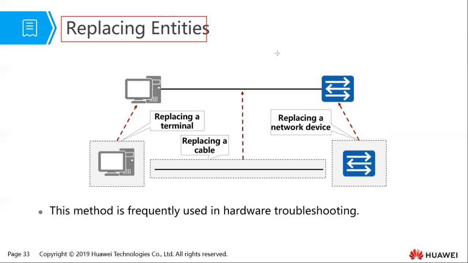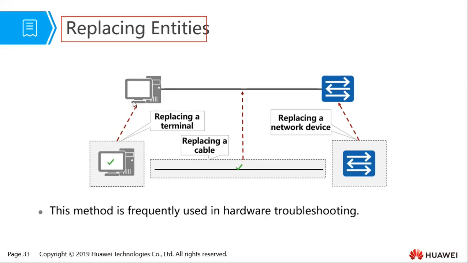Some of the things that you can replace, for example, is the cable. You feel like maybe there's a problem with the cable, so you can swap it with a known good working cable. Or you think maybe the user's PC might be having a problem with configuration or antivirus or a virus, and so on and so forth.